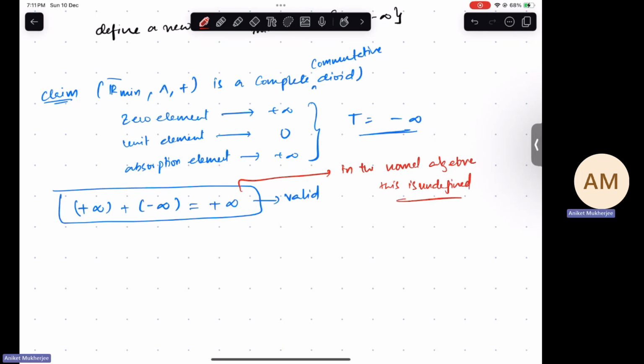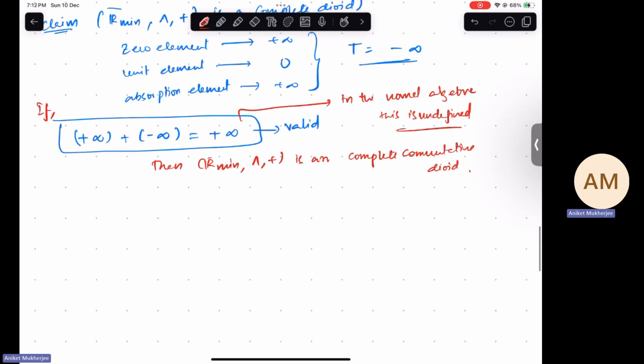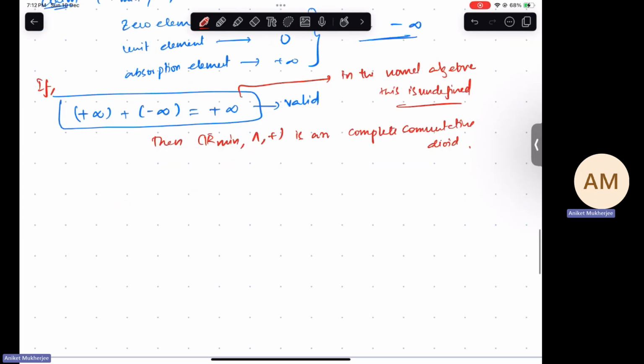But if this is valid, then R min plus is a complete commutative dioid, right?